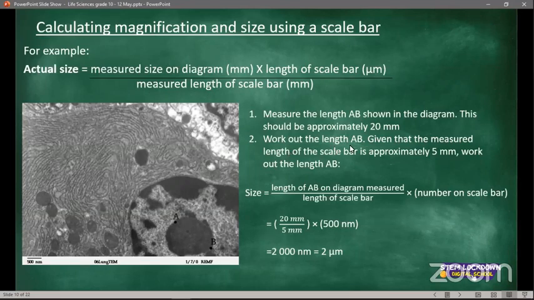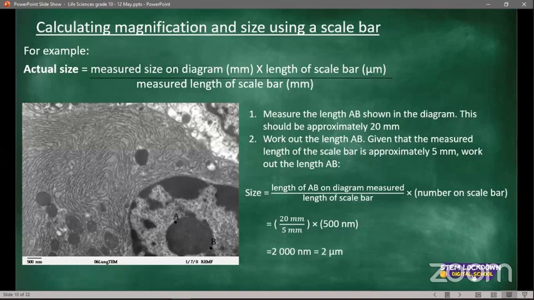divide. So work out the length AB given that the measured length of the scale bar is approximately 5 millimeters. So we have this formula: the actual size equals the length of AB measured on the diagram, divided by the measured length of the scale bar, multiplied by the number on the scale bar.